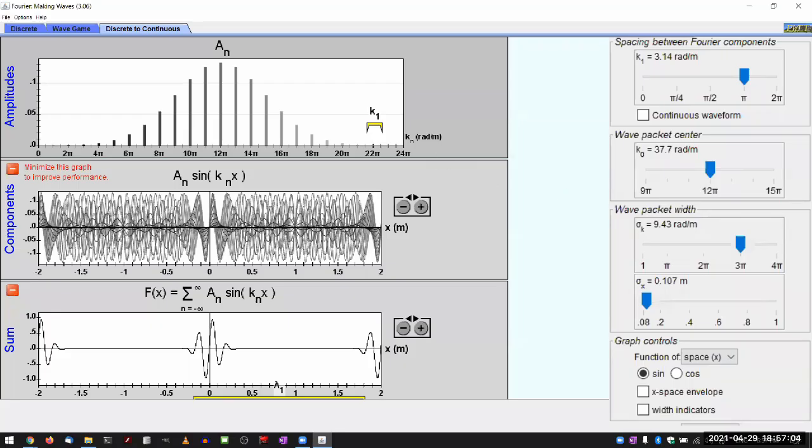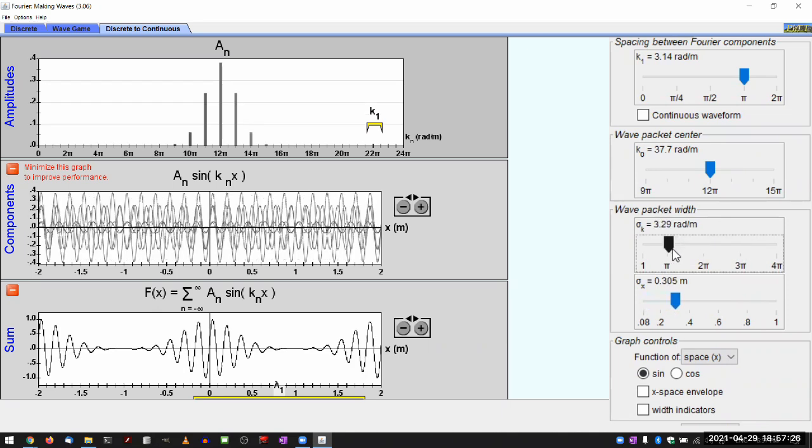So right now, this packet here has large width in terms of this k value, the wave number, the inverse of wavelength value. So let's say I want more precise wave number. So let me make this width smaller. As I make this width smaller, I hope you notice something.